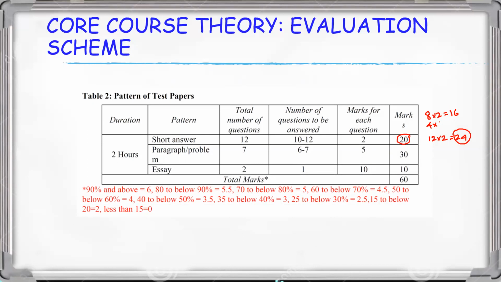If the others are attempted not very well and get only 1 mark each, then you get 4 marks, then a total of 20 marks. Then you get 20 marks here.